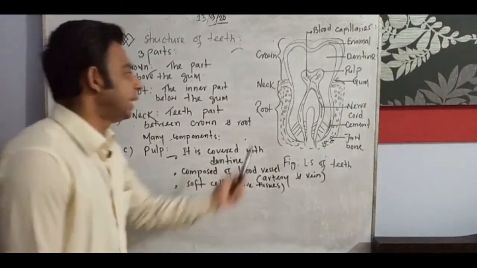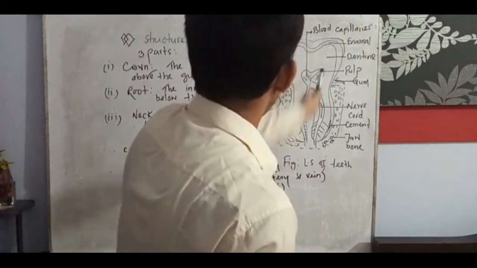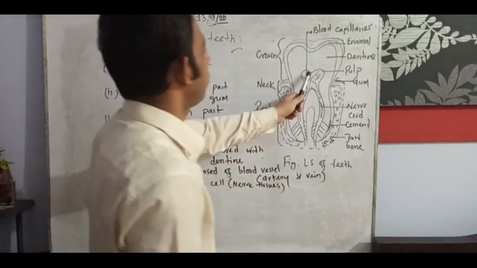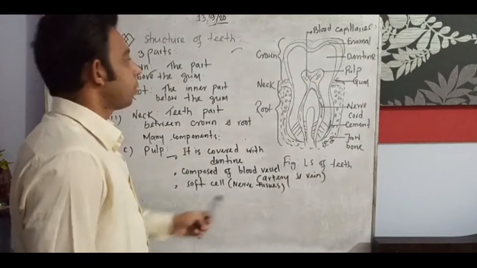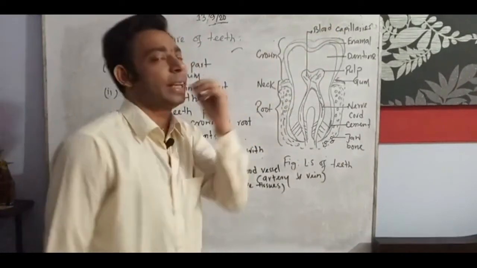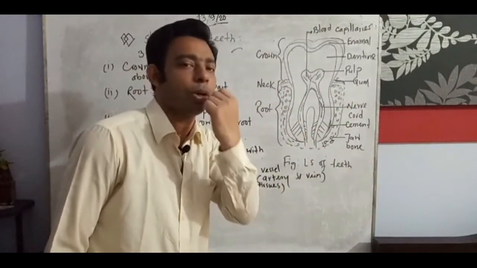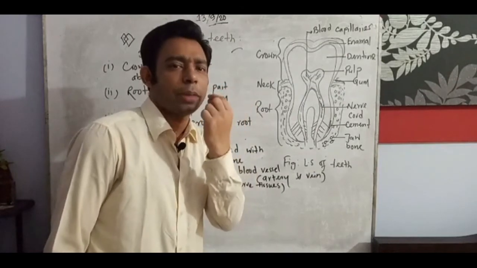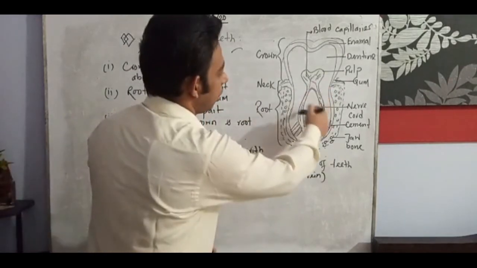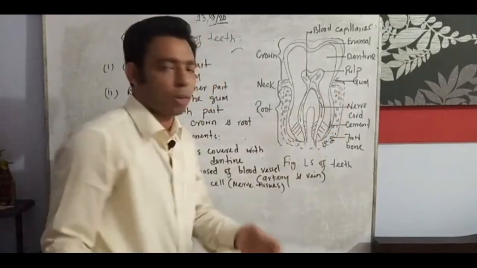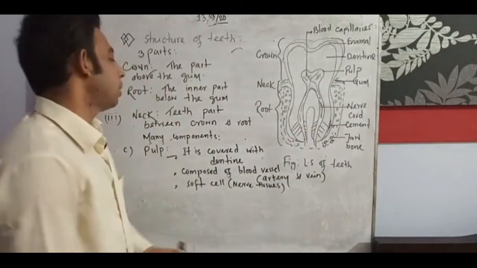It is covered with dentine. It is composed of blood vessels and blood capillaries, that means artery and vein. It is a soft cell, with a hard shell outside. When a tooth falls out, we have seen something thin and soft. They also contain, in their lower part, the nerve cord or nerve cell. Okay, so this is the pulp.